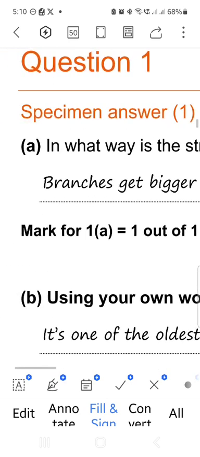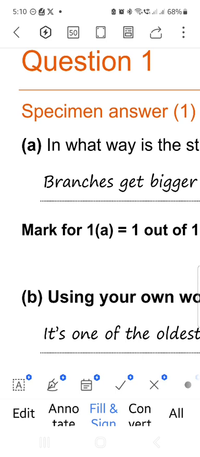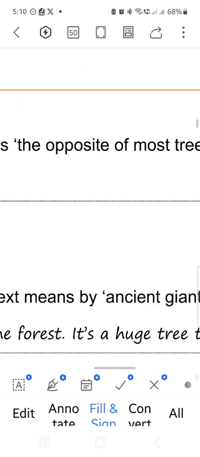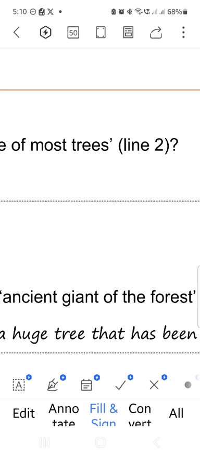If your question has the word what, that means this requires explicit understanding. In what way is the structure of redwood trees the opposite of most trees?